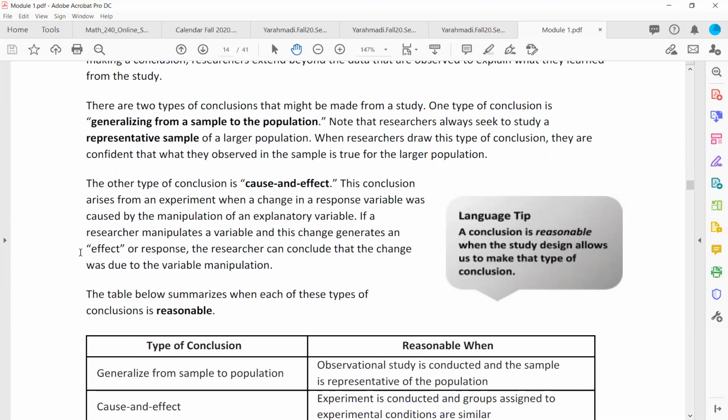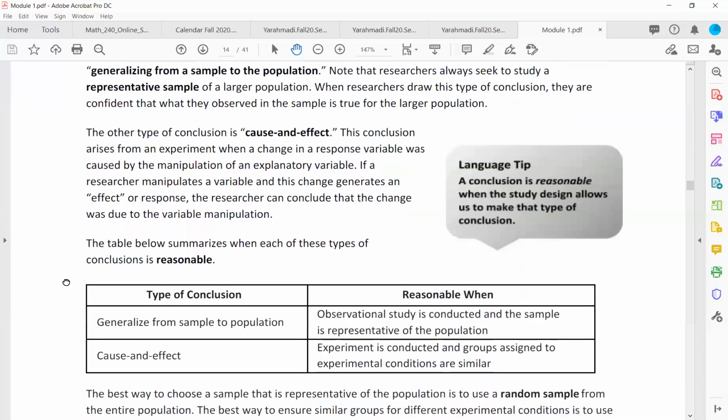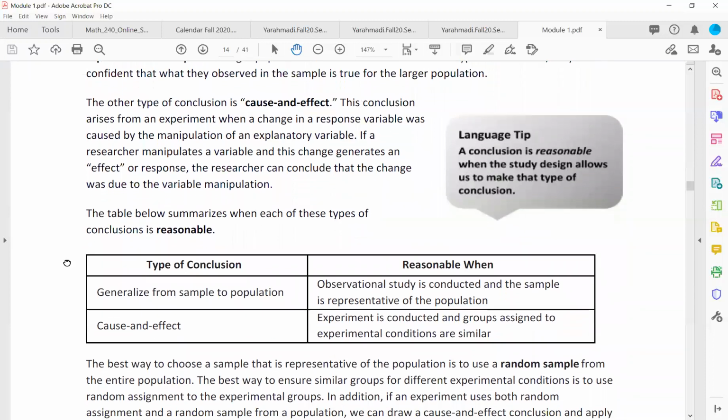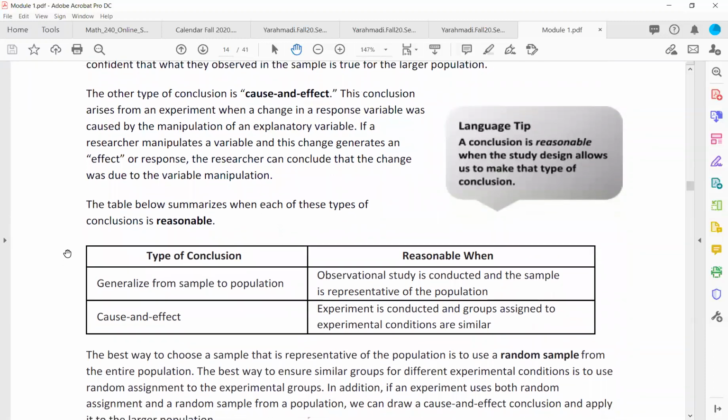If a researcher manipulates a variable and this change generates an effect or response, the researcher can conclude that the change was due to the variable manipulation. The table below summarizes when each of these types of conclusions is reasonable.